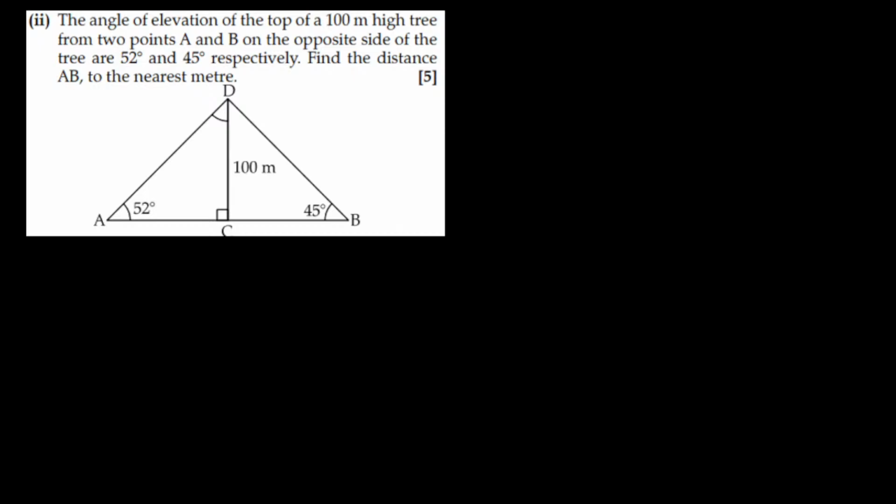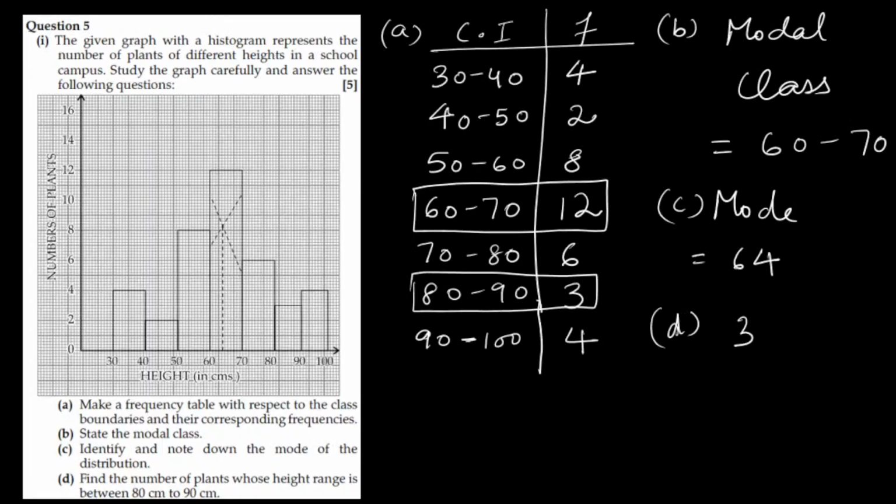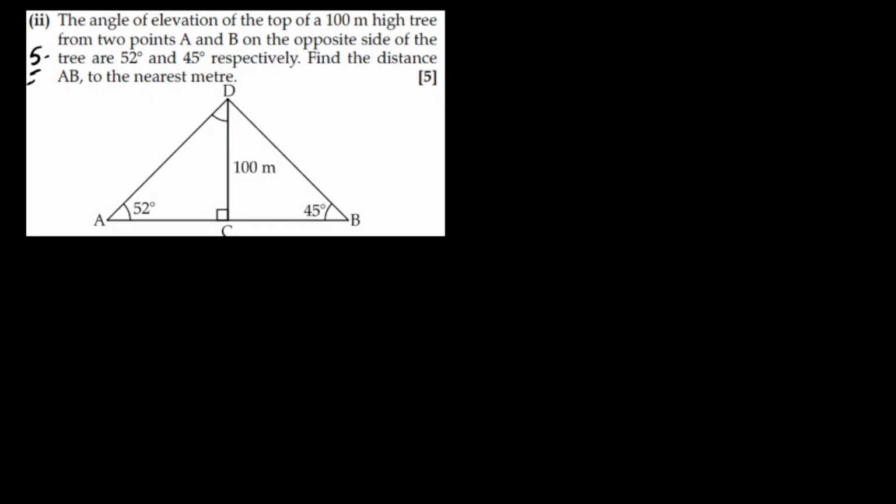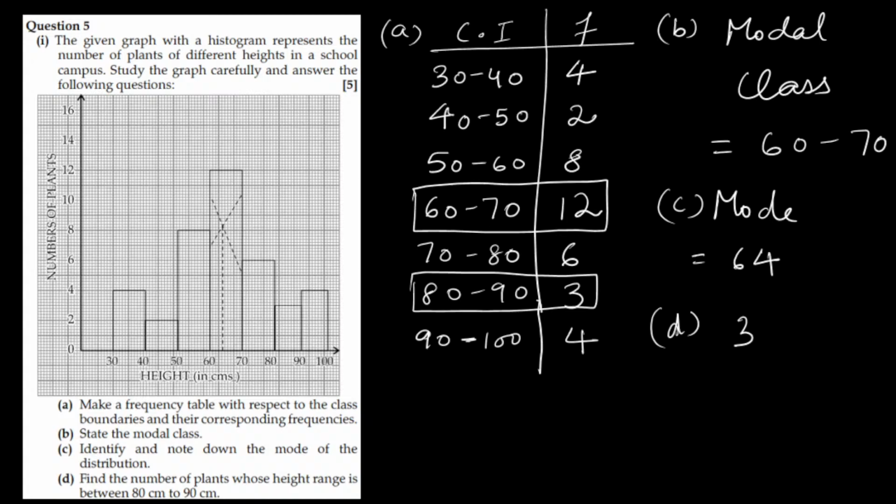Okay, let's do the second part. Question number 5, second part. This is a question from heights and distances. So the trigonometric table should be there with you because I don't have any table next to me. I just want you people to give me the answer. This type of question, I really suggest you people to choose it. Why?